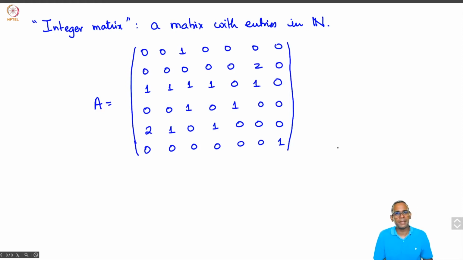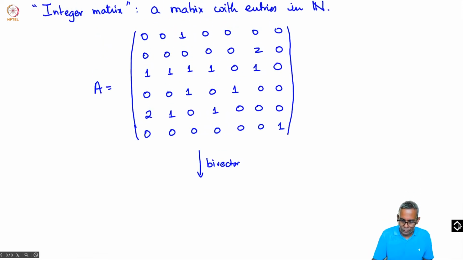The first step in the RSK correspondence is to recode an integer matrix in terms of what is known as a bivector. What you do is you read the matrix along the rows from left to right. So first you read the first row from left to right.